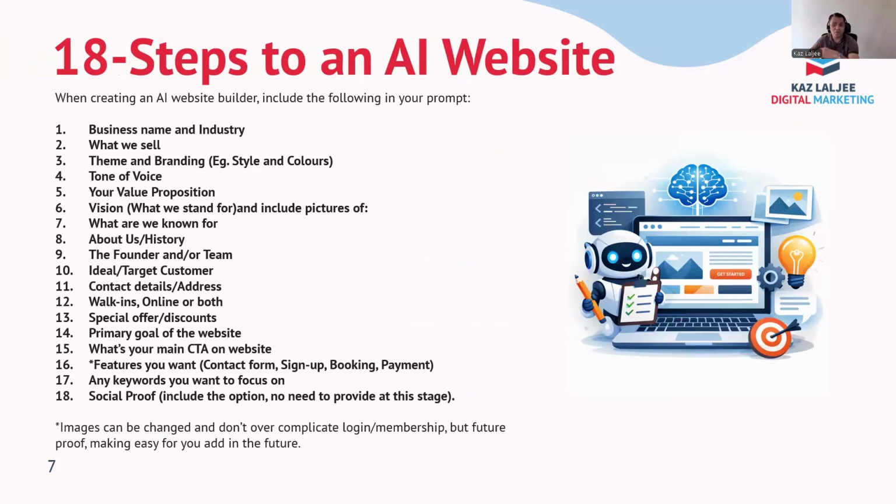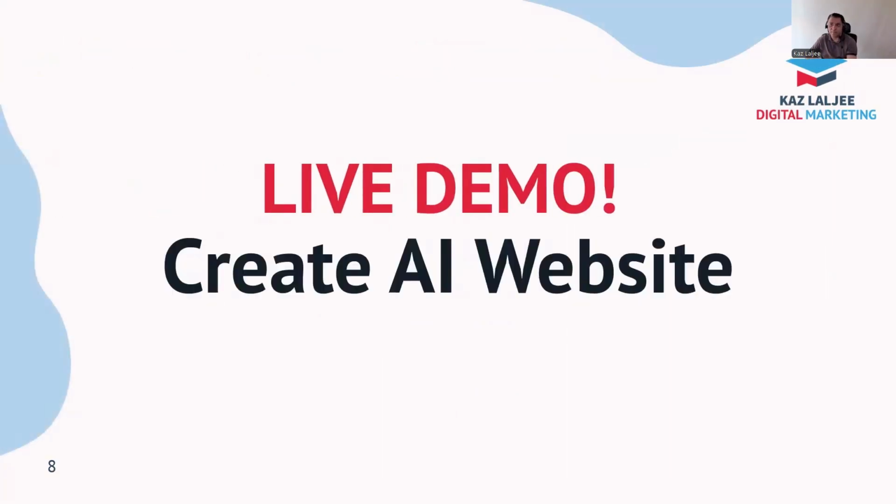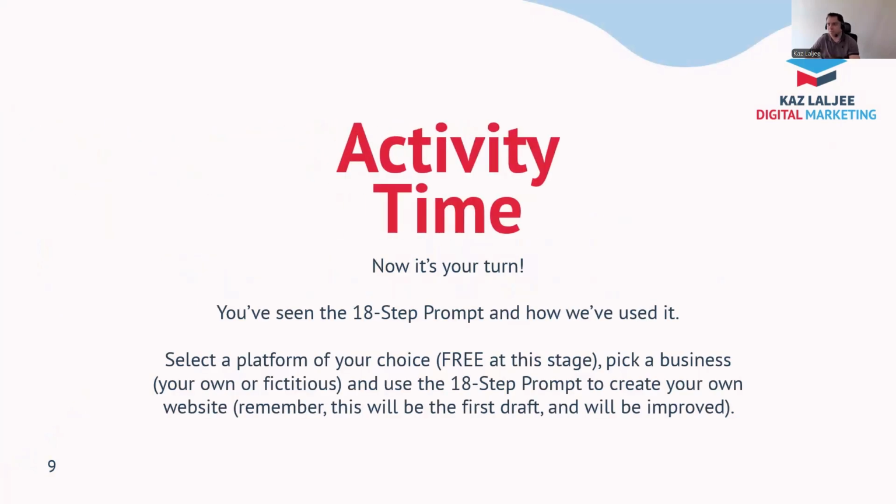Just make sure you include these 18 steps. And once you've included them, I think that's what's going to make it count for you. So the live demo, which we've just done, or we're in the process of doing, and then the activity time, it's just something I'm going to be asking you to do once we've done this.